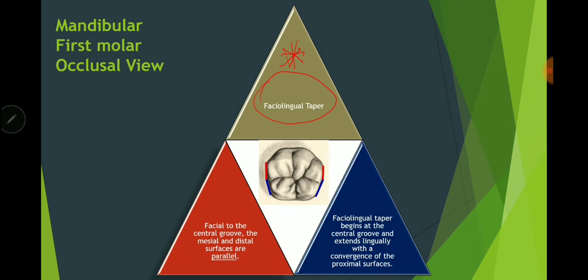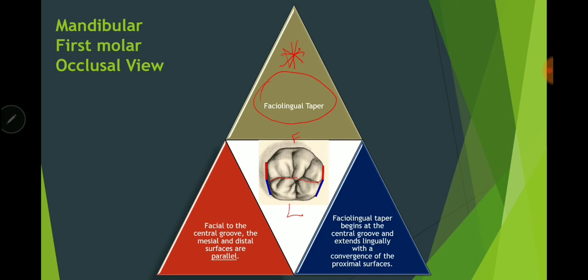So for the mandibular first molars, occlusal view. Facial to the central groove, here's the central groove here, the mesial and distal surfaces are parallel. This is facial or buccal, and this is lingual.